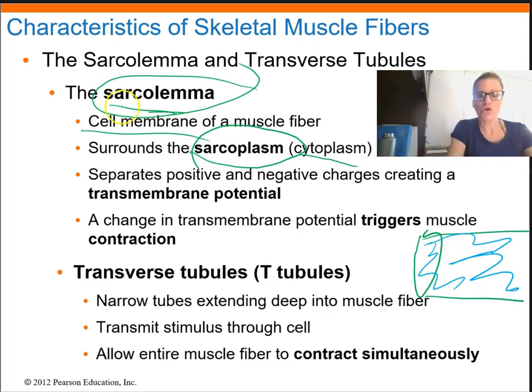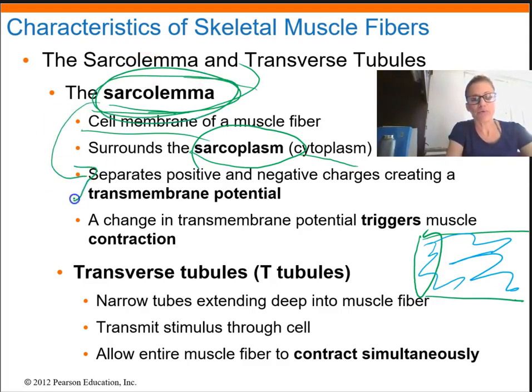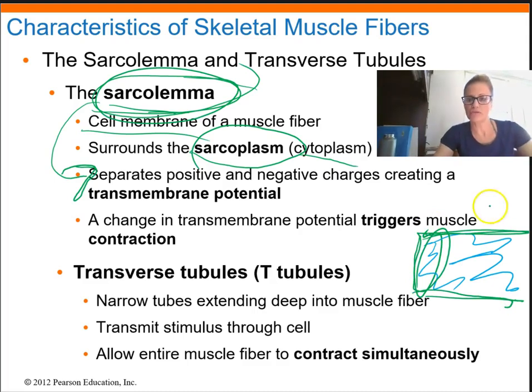Now, this sarcolemma is really important in the muscle fiber because it separates the charges inside and outside of the cell, right? It allows us to control ions moving into the cell and out of the cell. And there's a difference in charges. Remember, there's more potassium inside the cell.